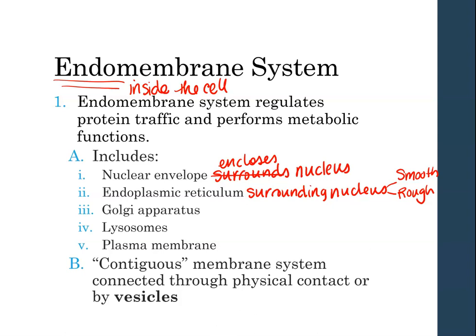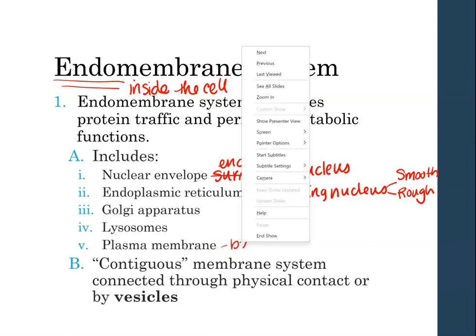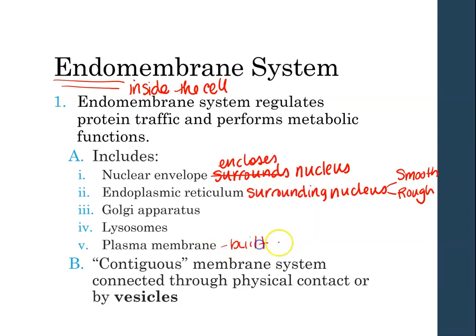It's not really part of the endomembrane system, but the endomembrane system can be built from the plasma membrane. Or I should say the plasma membrane builds the endomembrane system. So the plasma membrane is not necessarily always contiguous, but it is kind of part of it, because products can flow between the rest of the system and the plasma membrane.